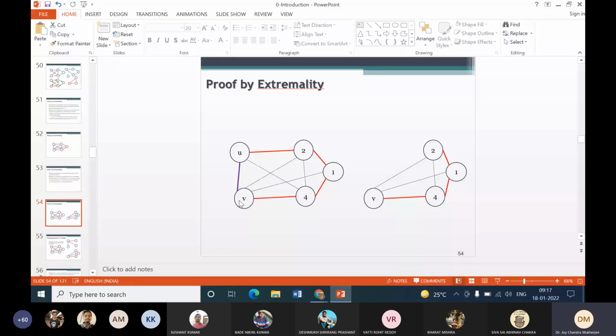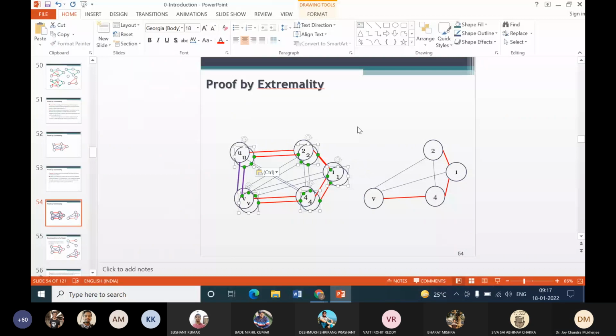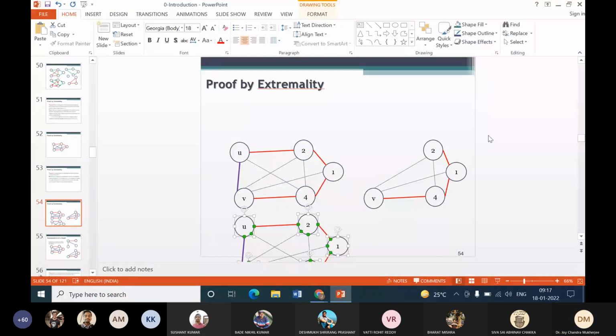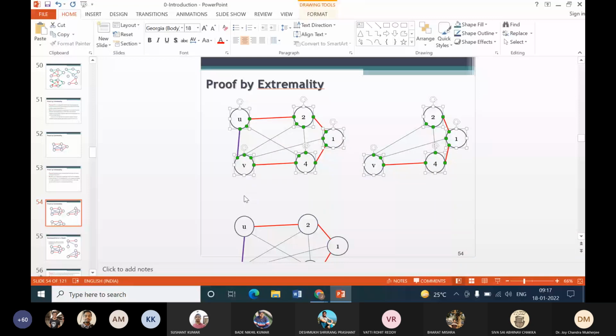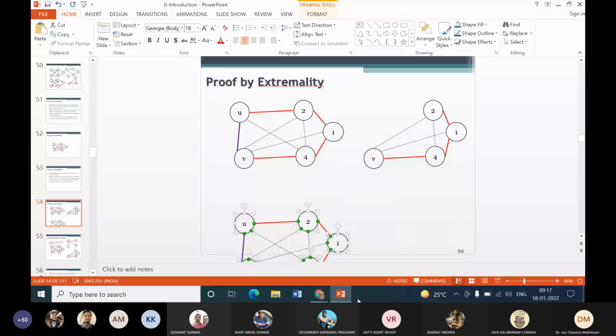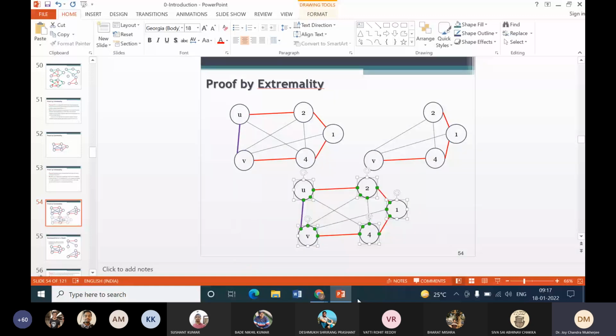Because if I delete V, we can take another picture. Suppose I delete V, what happened? Then also it is connected.